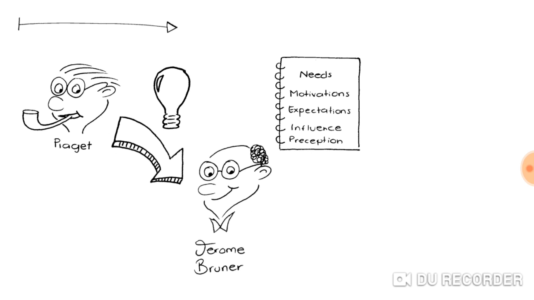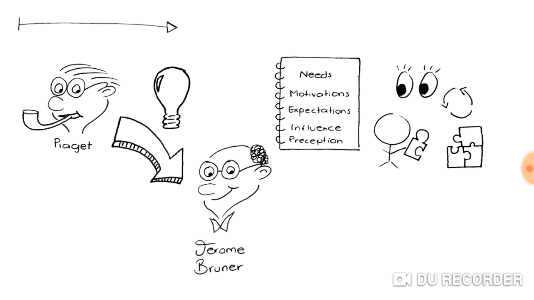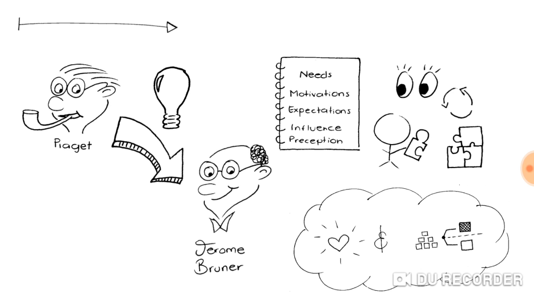His early work focused on the impact of needs, motivations, and expectations and their influence on perception. He presented the point of view that children are active problem solvers and capable of exploring difficult subjects. He believed that intuitive and analytical thinking should both be encouraged and rewarded.